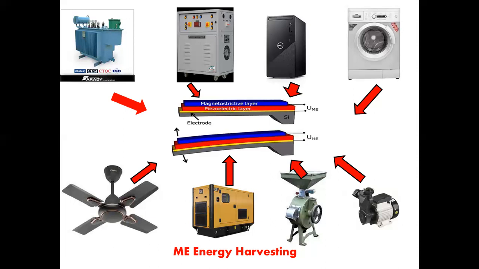Some bilayer composites have very high values of ME coefficient, like the 55 volt per centimeter roasted. So that kind of ME composite with a very high magnetoelectric coefficient is used in these devices.